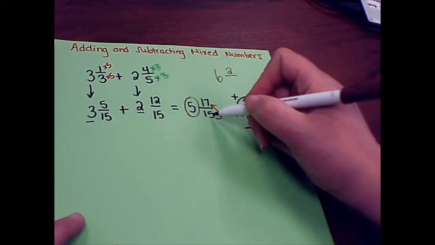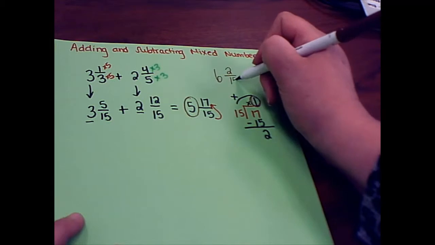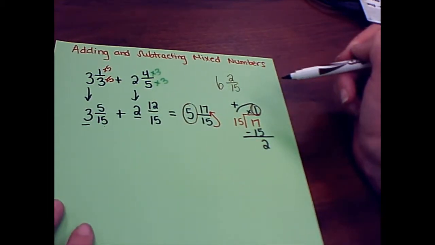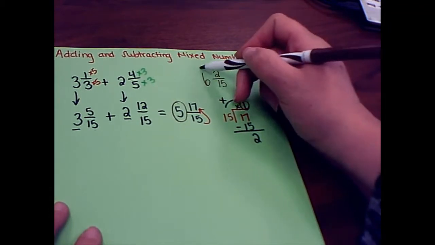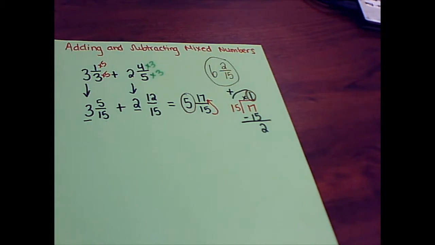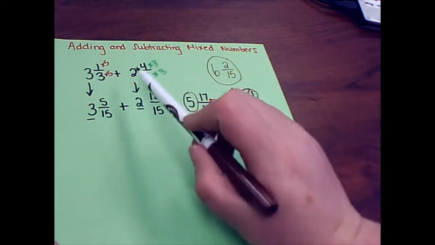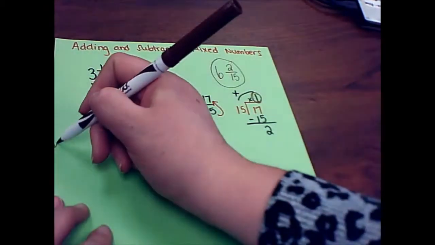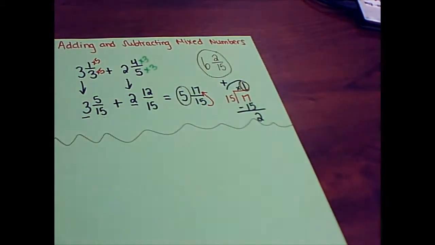And my denominator doesn't change. It remains at 15. And I do not have a number that goes into each of them evenly. So that is my answer, 6 2/15. And it's important that we remember that we had to make sure our denominators were the same. Okay? Let's try one with subtraction.